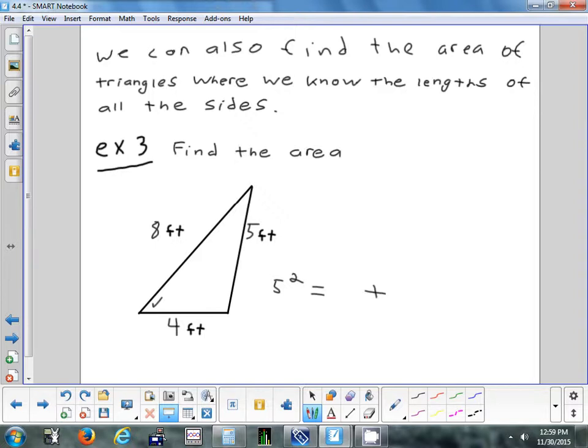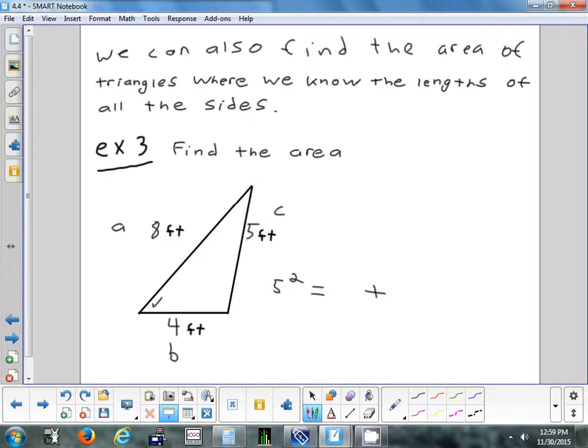Okay. Somebody tell me the other two things I'm going to put on that side. If you want, think of this side as C, think of this side as A, think of that side as B. It doesn't matter, really.